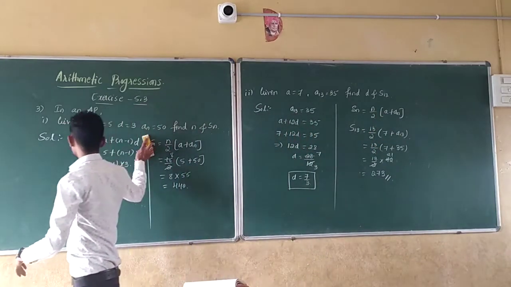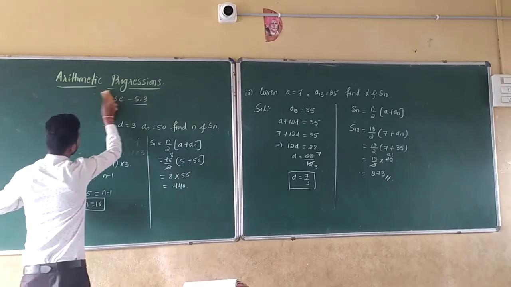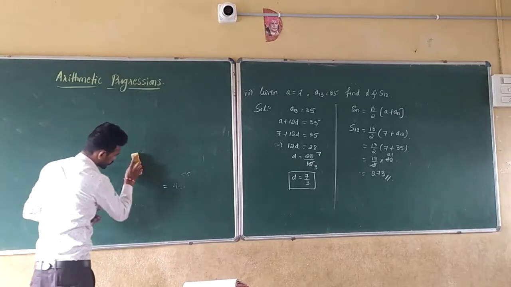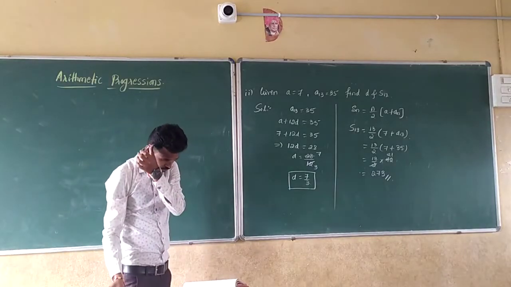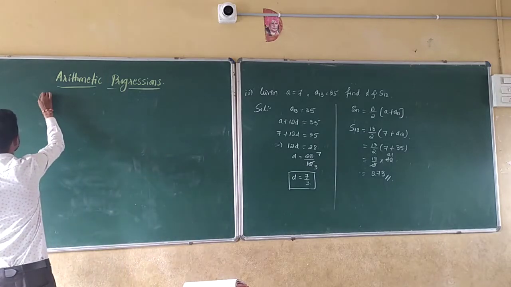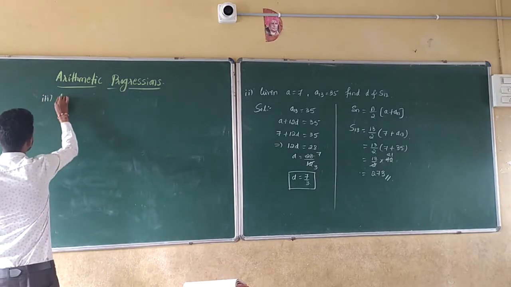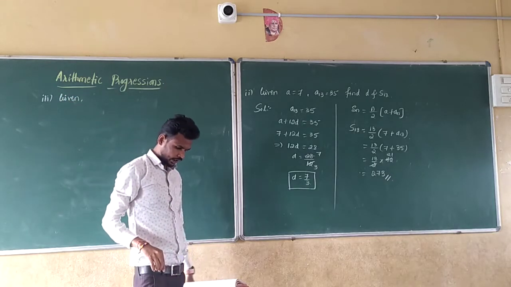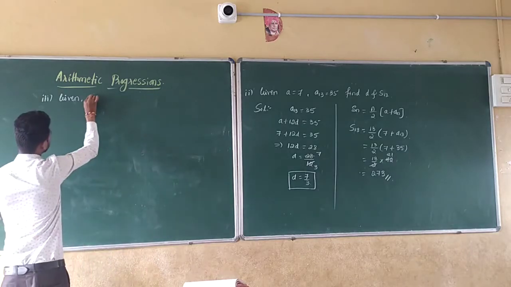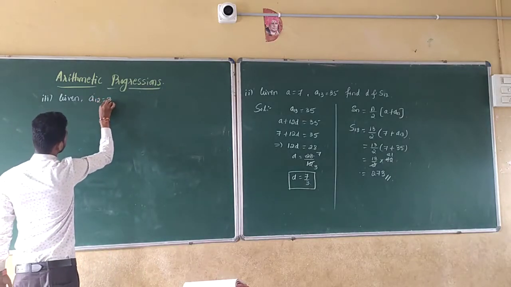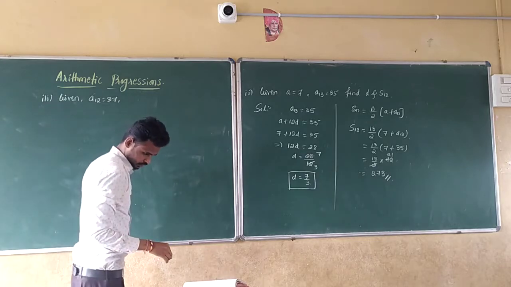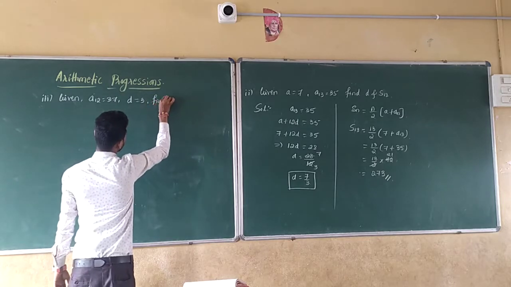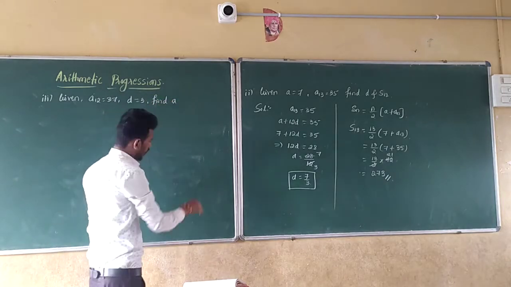So now see the next, third question in this only. Given a12 equals 37, d equals 3, find a and S12.